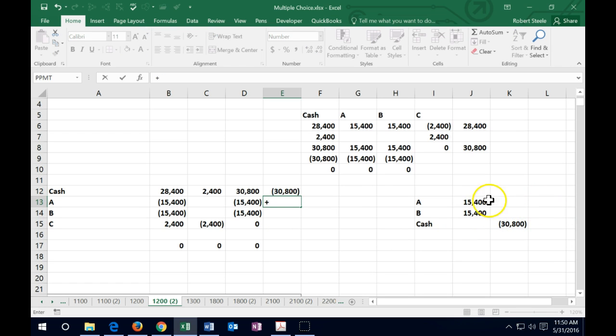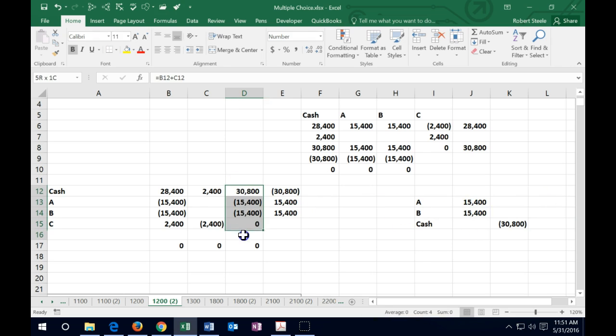And then we're going to debit this, and we're going to debit this. So if this was where we started, and this is our new transaction, this plus this goes to 0. This plus this goes to 0. And this plus this goes to 0. So now they have liquidated, and A and B have left the company with 15,400 each. C doesn't get anything because C actually owed the company, the partnership in this case, money.